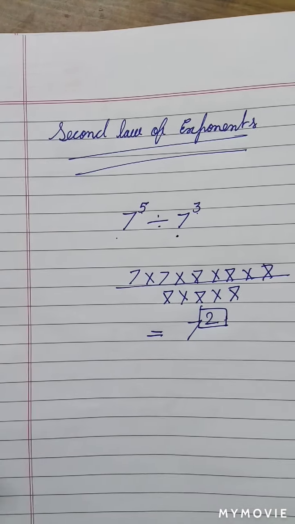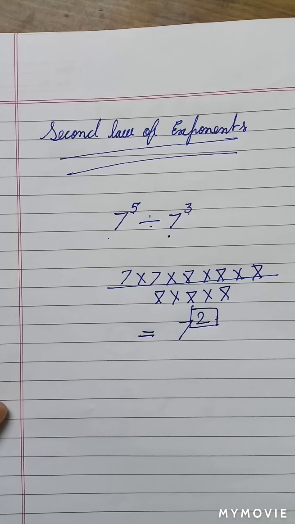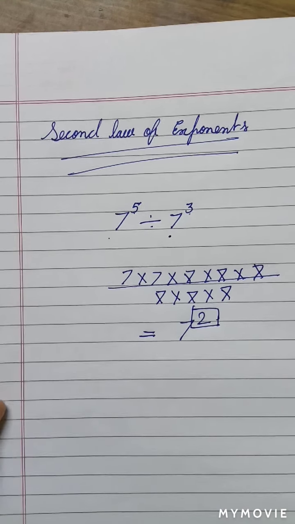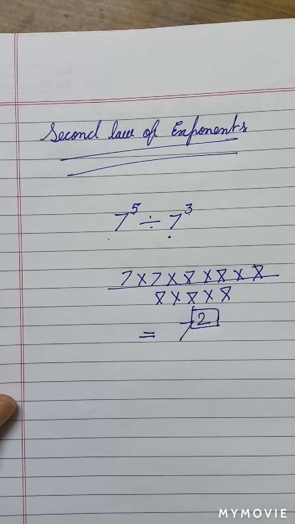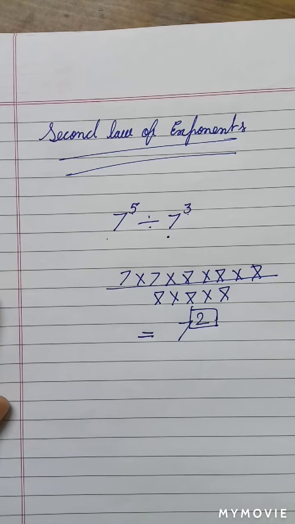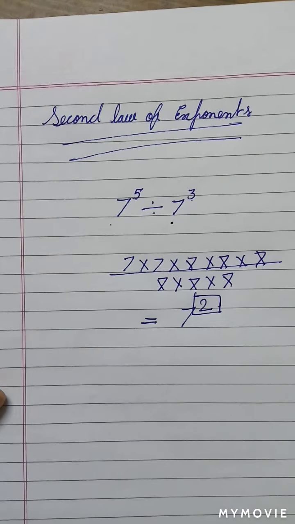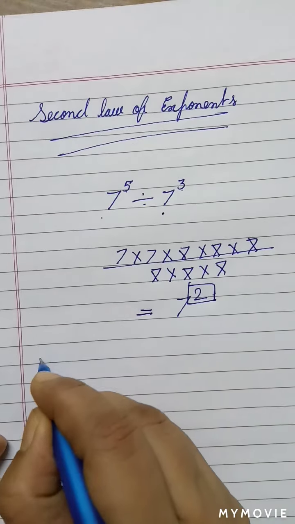I'm sorry, let me rephrase myself again. Whenever the bases are same and we divide two numbers with exponents, we subtract the exponents. Let's understand it with one more example.